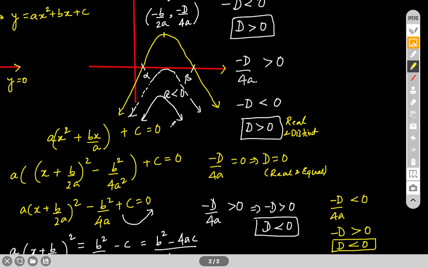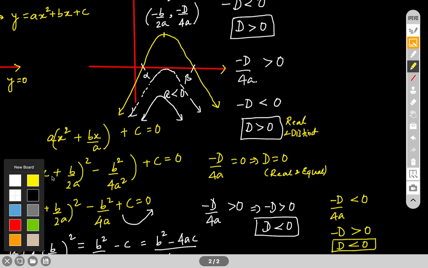Is that fine? Got it. Correct. Now here is something very important which comes out from the same situation. If you want your quadratic expression to always be positive, or if you want your quadratic expression to always be negative, what are the conditions that must be fulfilled?